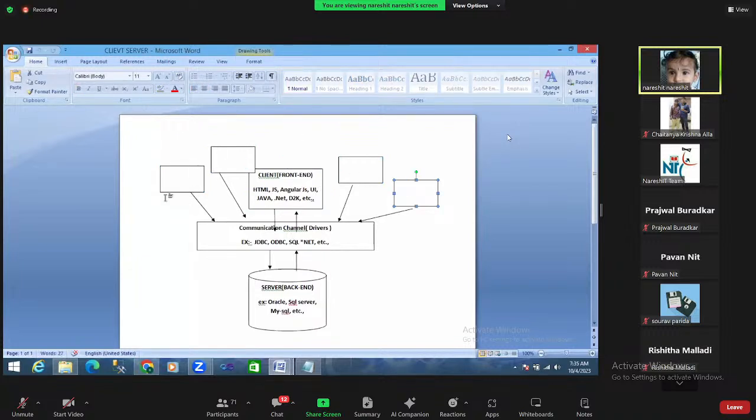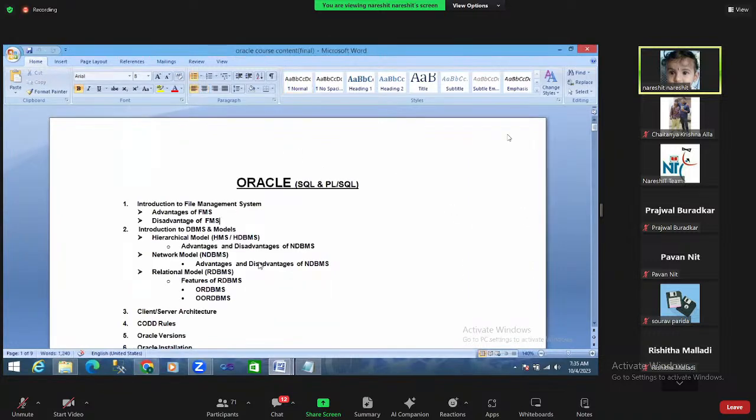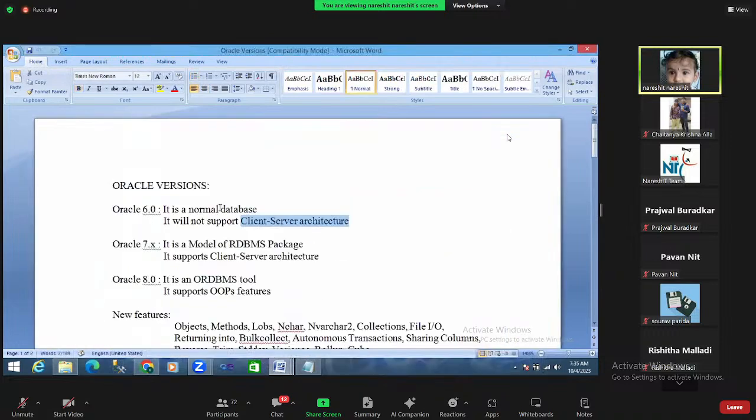All the clients access data from one central server. The server can distribute data to multiple systems, multiple clients. This type of architecture is not supported by Oracle 6.0. The 6.0 version supports only a single system.